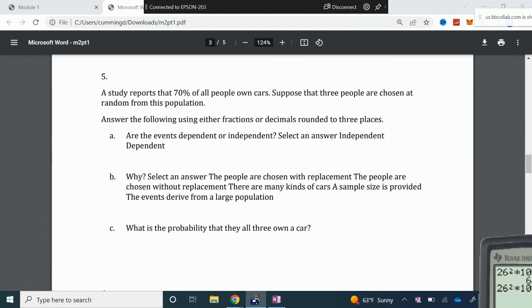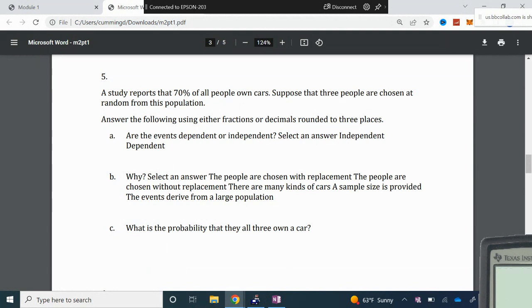There's no relation between the two. So these events are independent, because they're not brothers or related, I don't think. So there's no relationship between one or the other. All right, so they're independent. I can't actually write on this, but that's the answer to A: independent.